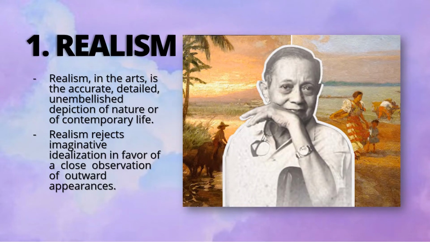Okay, so let's proceed to what are the methods in presenting art subject. So number one is realism, or it is called naturalism. Yun yung other term niya. So realism meaning it is an accurate, detailed, unembellished depiction of nature or of contemporary life. Meaning, yun talaga yung nangyayari sa ating everyday life.